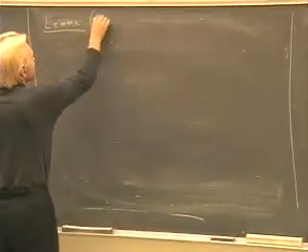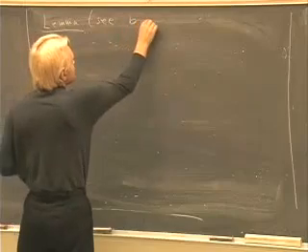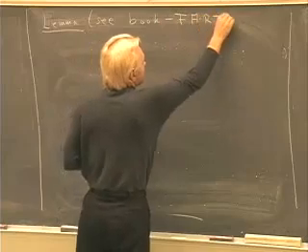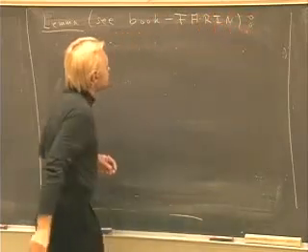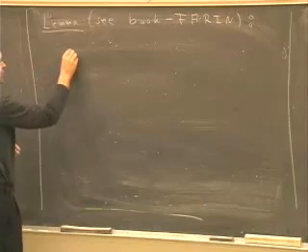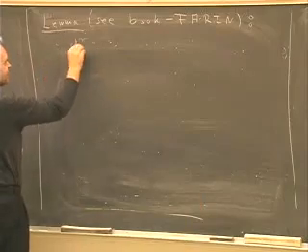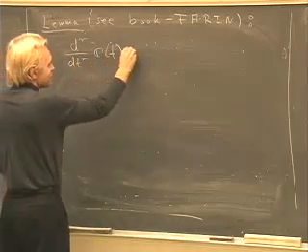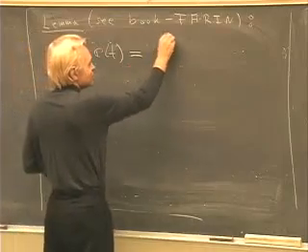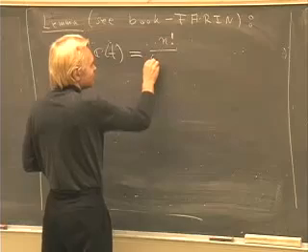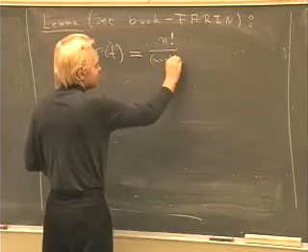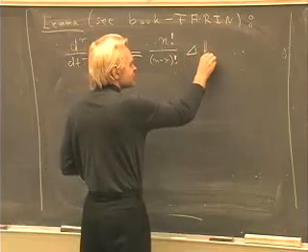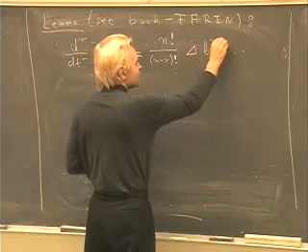It's in the Farin book. The r-th derivative, d^r/dt^r of c of t, is also given by the following expression: n factorial over n minus r factorial times delta^r b0 n minus r.